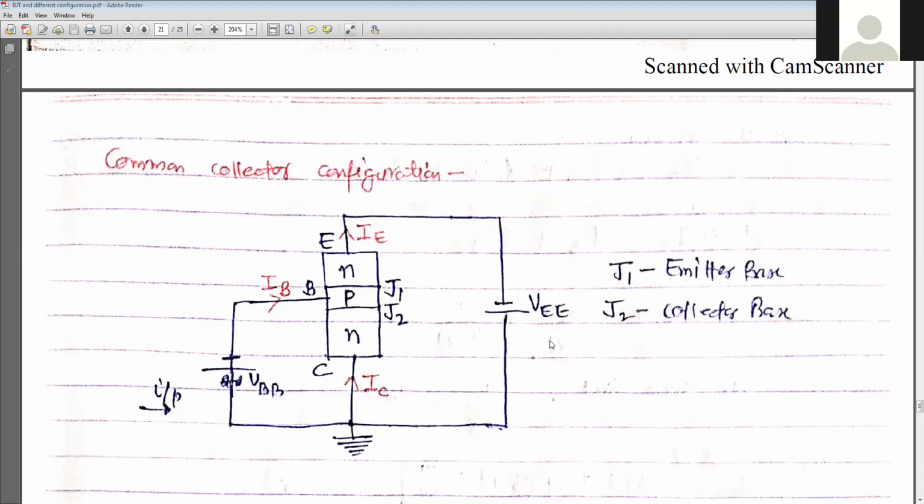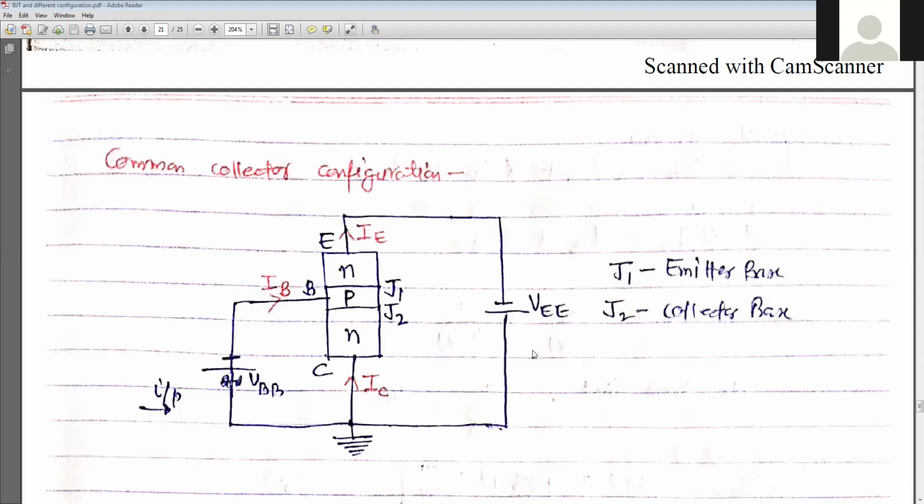There is a reason. Since there is no resistance shown in this circuit diagram, it is VBB, because there is no other voltage drop. The total voltage will be this only. This is the input. Similarly, at this end there is no resistance and no other voltage drop, so this will be the VEE.